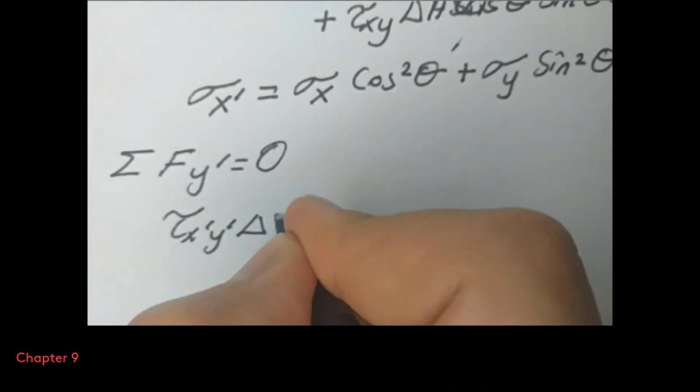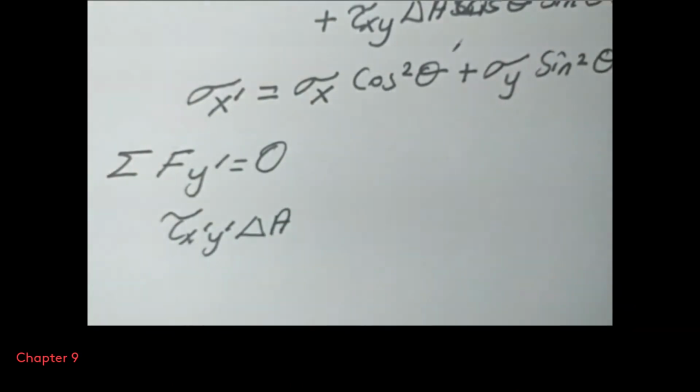Now in this case, we have tau x prime y prime multiplied by delta A is 0, in positive y prime direction.